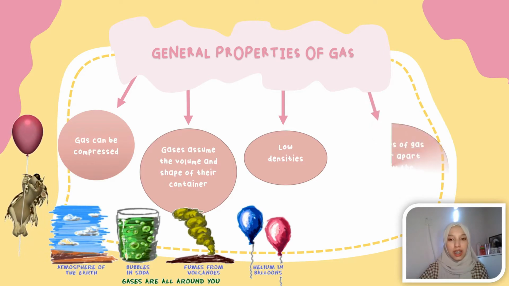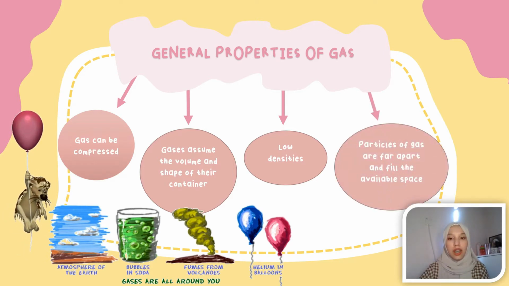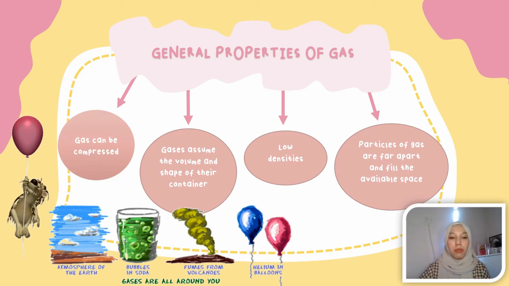Third, low densities, and the last is that particles of gas are far apart and fill the available space. As we can see, gases are all around us: the atmosphere of the earth, bubbles in soda, fumes from volcanoes, and helium in balloons.